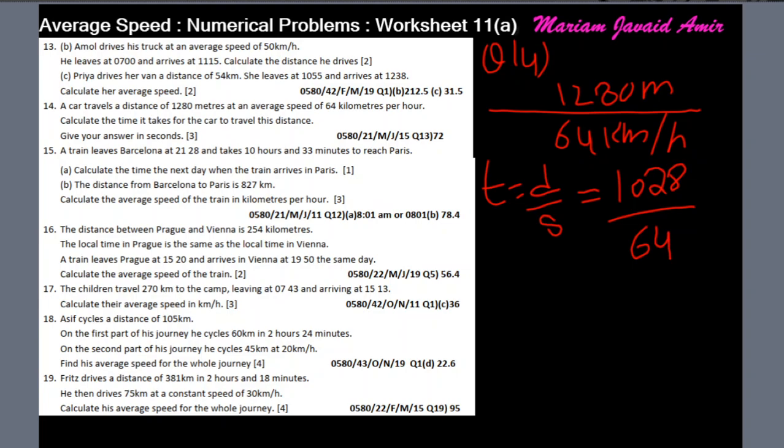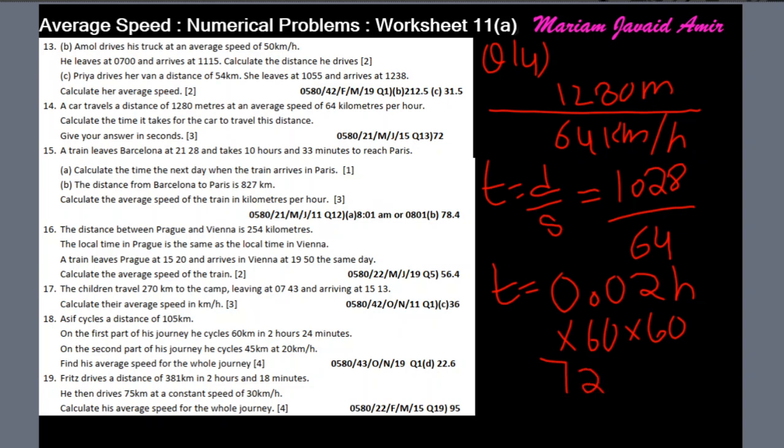So time is 1.28 kilometers over 64, which is 0.02 hours. We need the answer in seconds, so we multiply this with 60 and again with 60, or directly with 3600, which gives us 72 seconds.